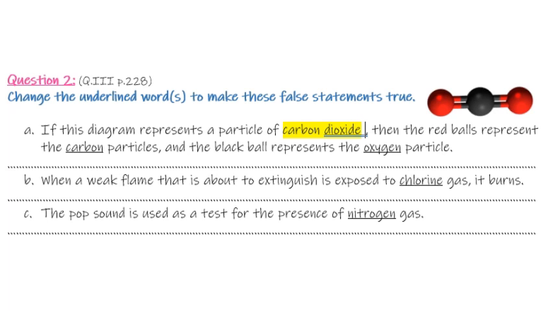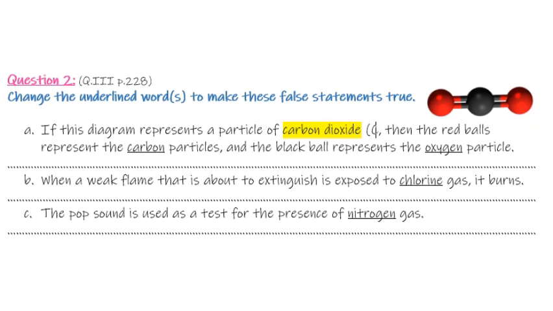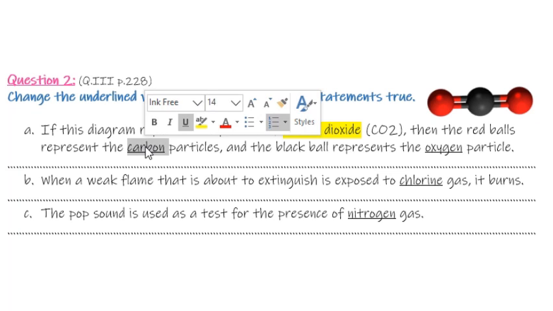How do we write carbon dioxide again? It's CO2. The symbol of this compound shows that carbon dioxide has one carbon atom and two oxygen atoms. So since we have two red balls, this means that these red balls aren't carbons.